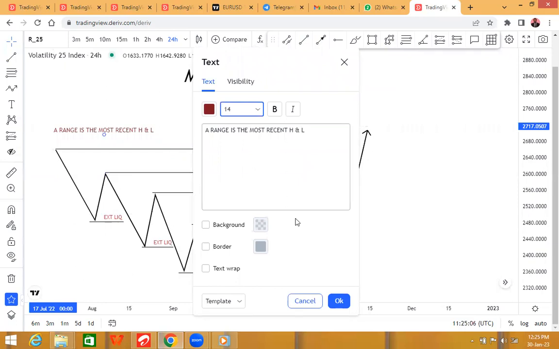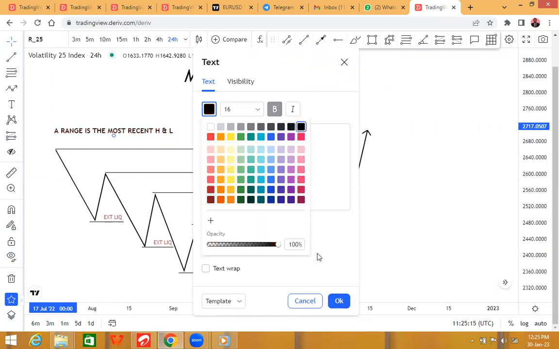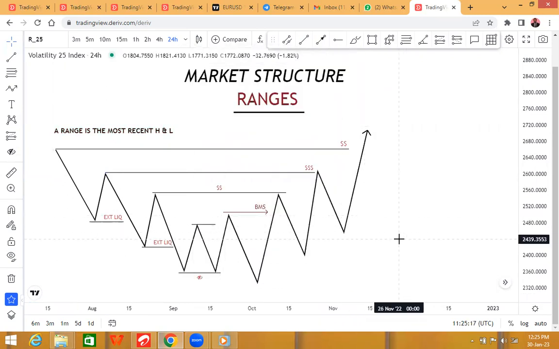That's the range. I think that is bold enough. I want to ensure you can see it. A range is simply the most recent high and the most recent low.